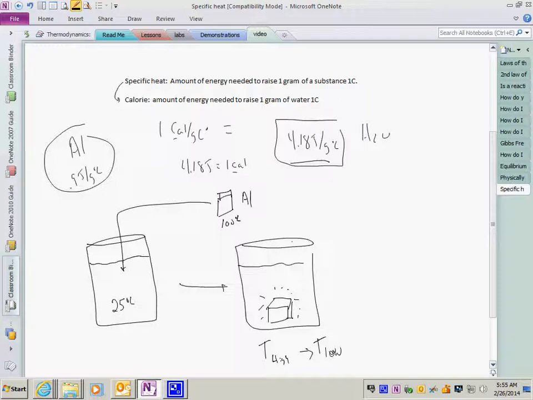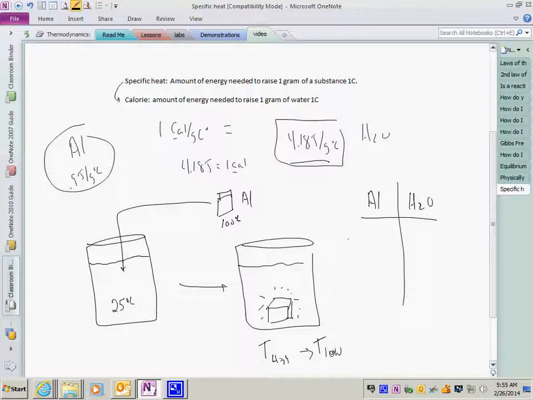So whenever I look at one of these problems, I create a little data table. We have, in this case, the aluminum block, and then we have my collector, which will be the water. H2O happens to be the item that's collecting my energy. We can solve a variety of problems off this, but I would list out some various things that I would need.